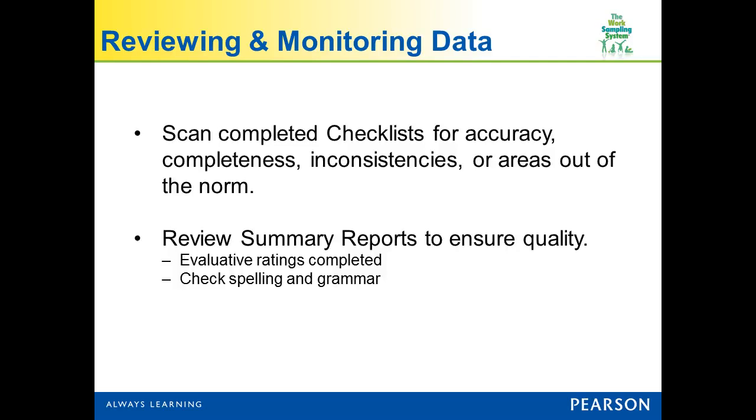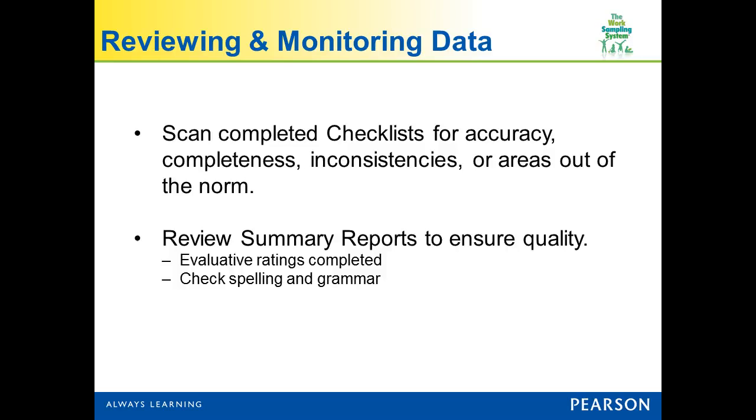And then also another area to think about in terms of reviewing and monitoring data, and this really only applies to programs who are using the summary report in the work sampling system, would be reviewing summary reports to ensure quality. Because this is one of the main pieces in work sampling that we share with families, and in some cases pass along to the next year's teacher, it's really important that we have an opportunity to look them over carefully.